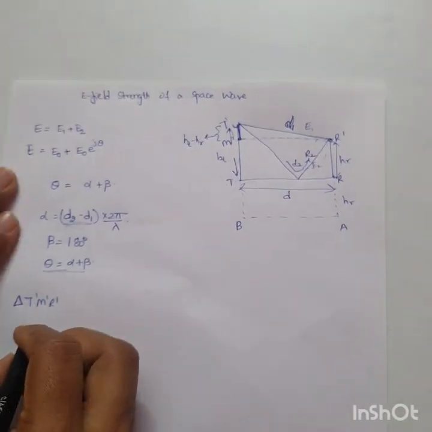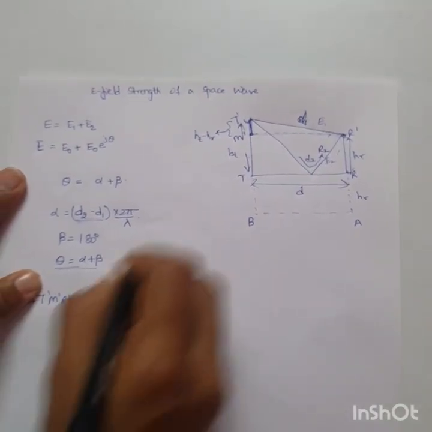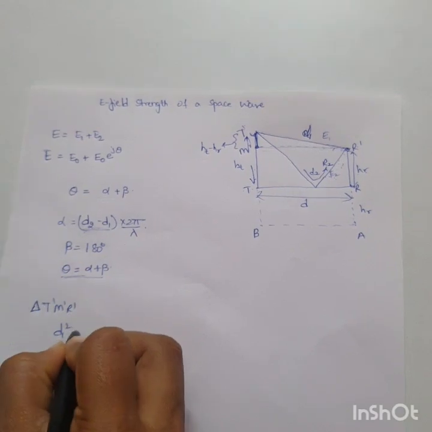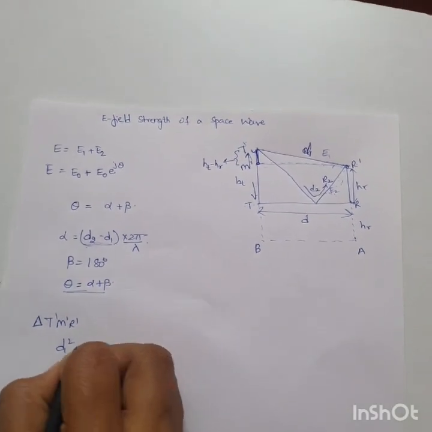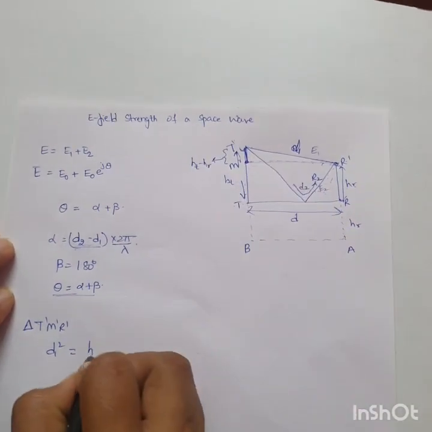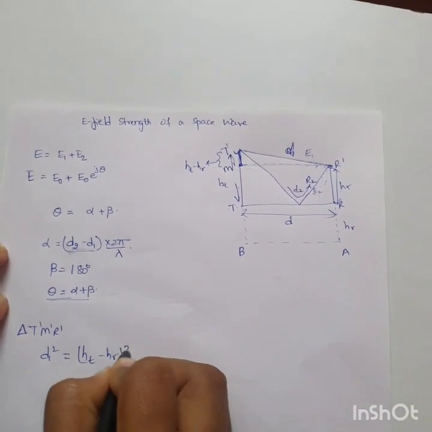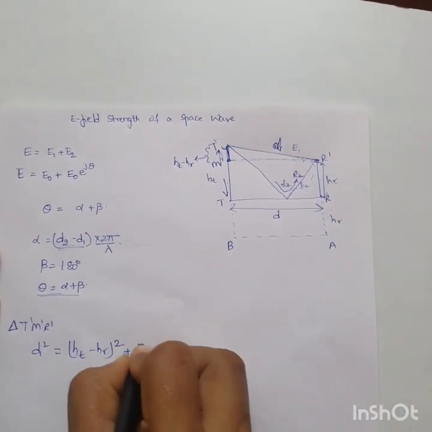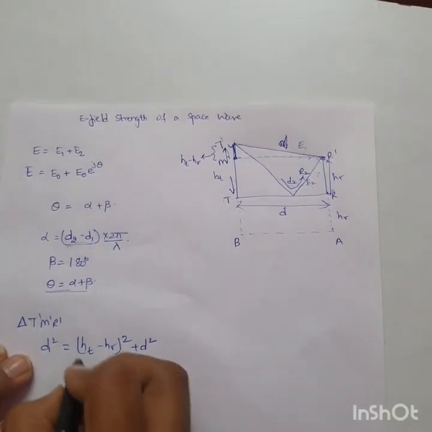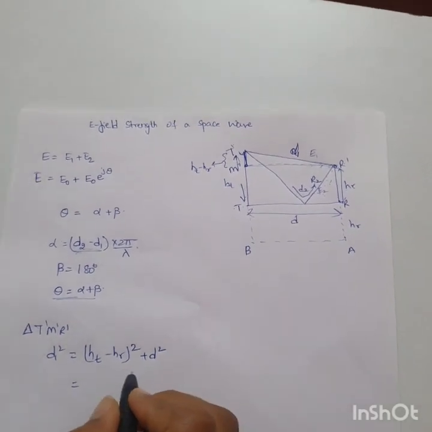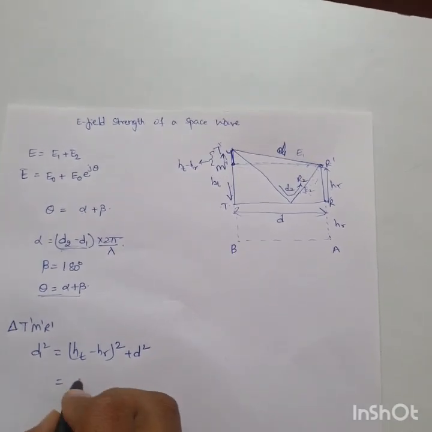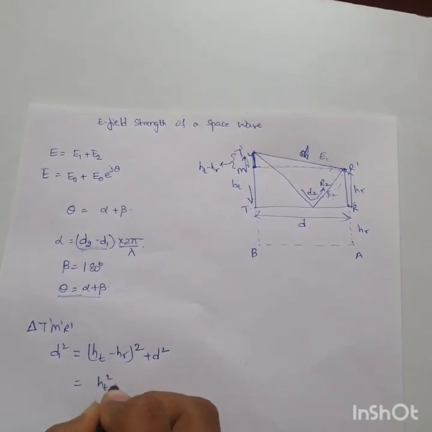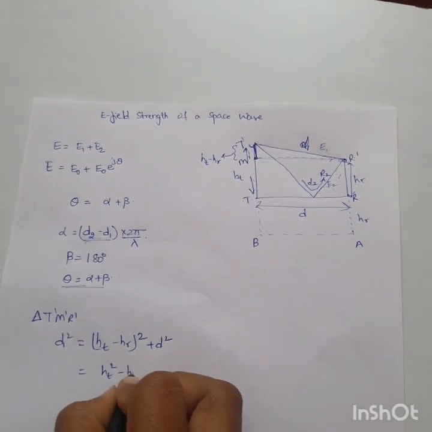According to the Pythagoras theorem, I can write the hypotenuse square D1 square is equal to HT minus HR whole square plus D square. What is HT minus HR whole square? It is nothing but HT square minus HR square.